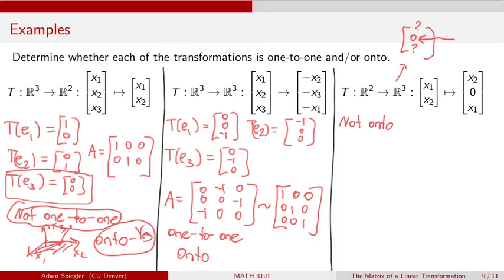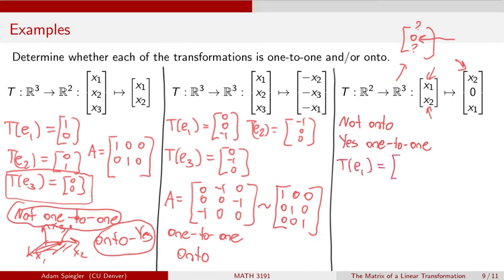The next question is, is it one-to-one? And this is one-to-one, since any vector that has unique x1 and x2 coordinates is going to get mapped to a different vector under this map. But we can also write this out as a matrix. We have standard vector 1 in R2.